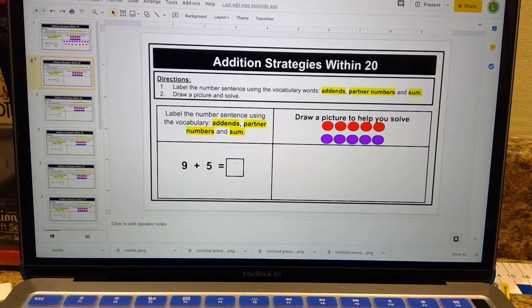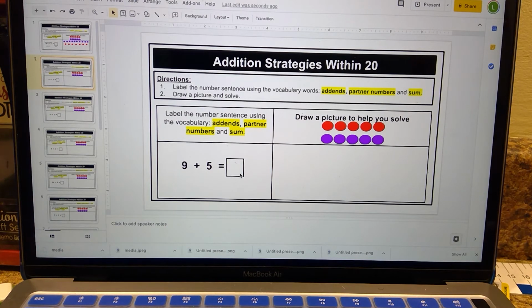I just clicked on the number 2 and it took me to the slide. Now, this time the number sentence says 9 plus 5. What I want you to do is use your notebook paper, write down this number sentence. 9 plus 5 equals blank.